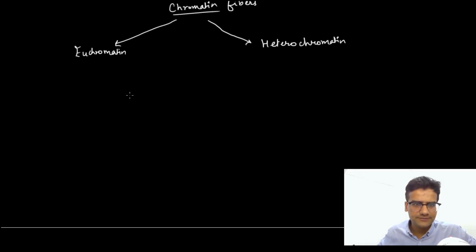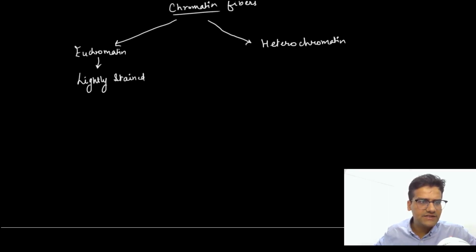Euchromatin is the lightly stained part of the chromosome, and heterochromatin is the darkly stained part of the chromosome.